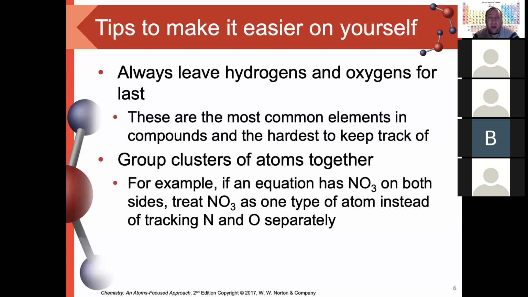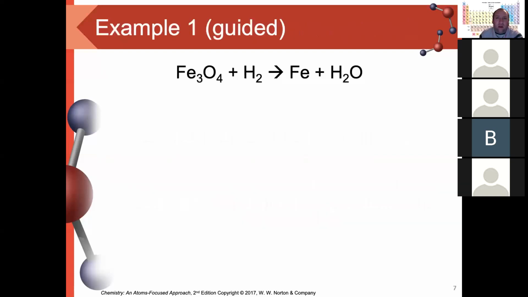You can recognize, okay, hey, that's a nitrate right there, NO3. Hey, there's nitrates on both sides of the equation. Instead of tracking nitrogen and oxygen individually, why don't I track nitrate ions as I go from reactant to product? If I can track the nitrate ions, I can go, okay, there's 3 of them over here, there's 1 of them over there. I'm going to triple the one that has the nitrate in it in the product. That'll work. So let's take a look at some examples then.